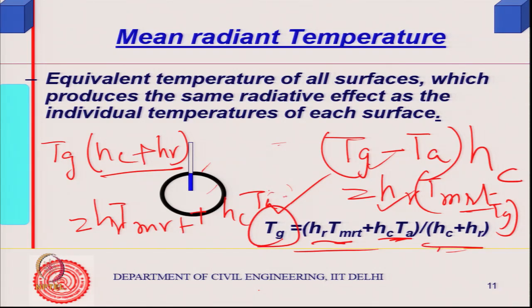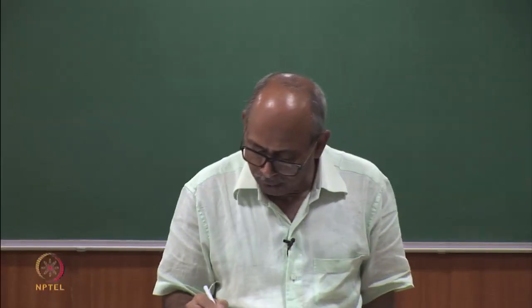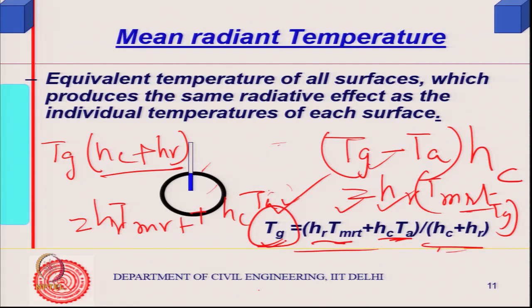So, Tg is measurable, T MRT is not measurable. This is my assumed temperature of all the surfaces. So, if I have measured the globe thermometer temperature, T MRT is taken care of. This is more conceptual, but Tg can be measured, and Ta is measured.